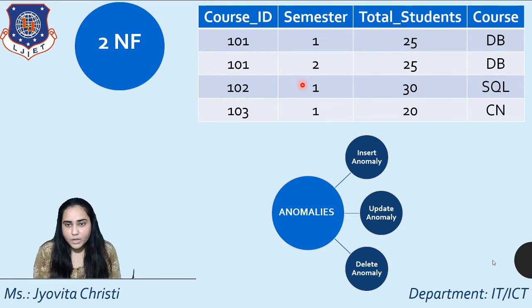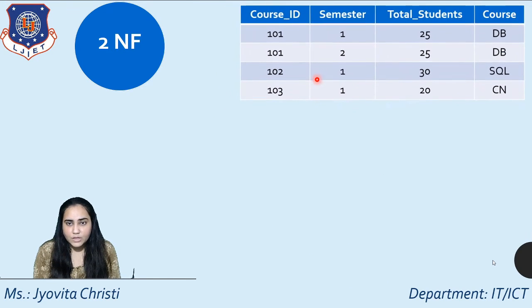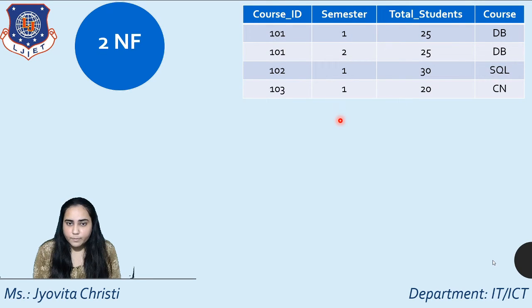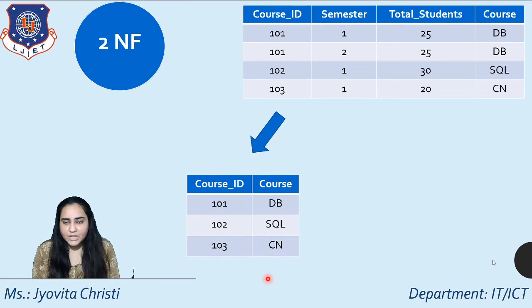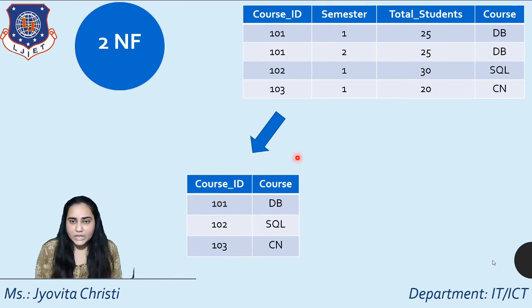So by now, by listening to all these things, you must have already decided the solution to the problem, and by problem I mean this particular problem, and that solution is to decompose the table. And how do we do that? We make one part where we will keep course ID and course. Now remember, in the beginning I told you the functional dependencies involved in this table, and those were course ID determines course, and course ID and semester together also determine total students and course.